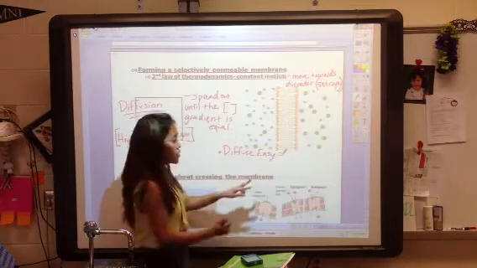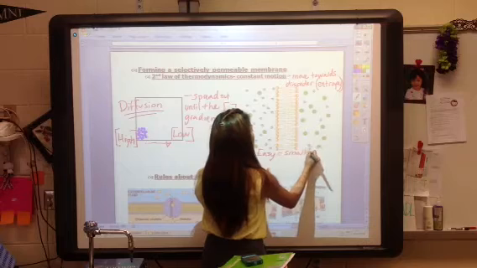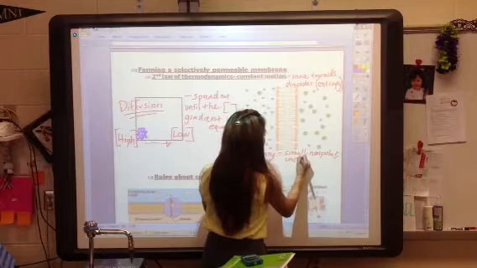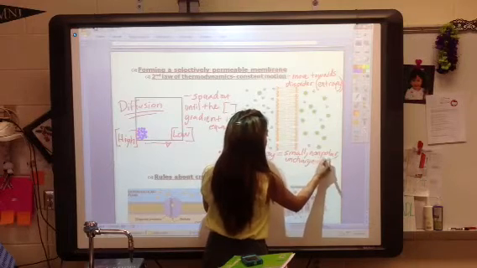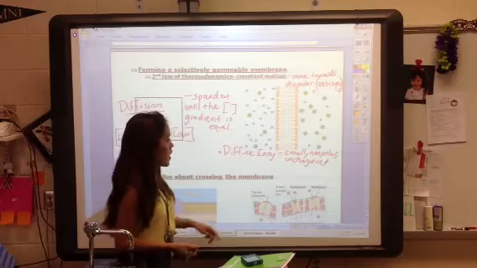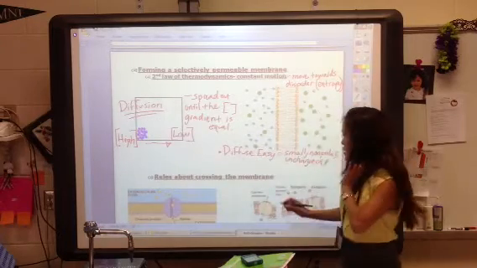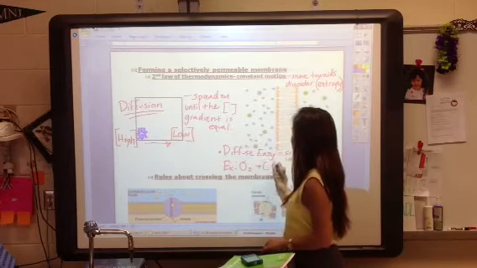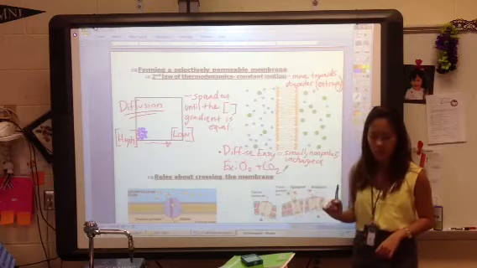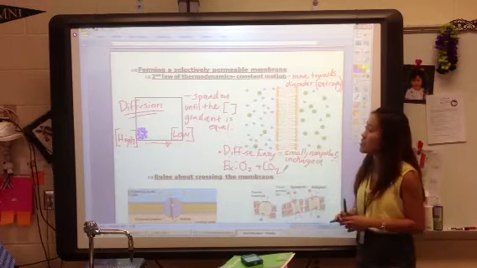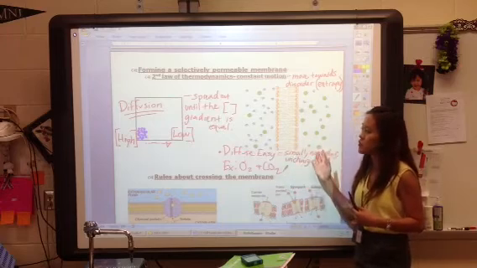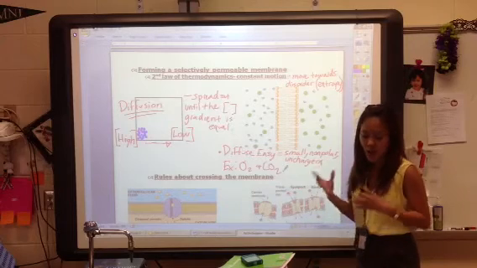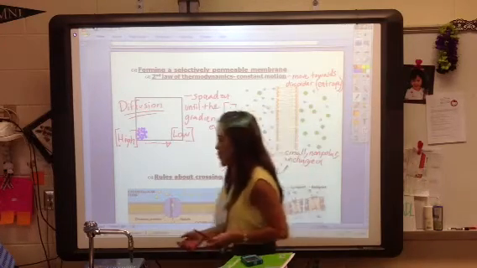Those molecules are small, nonpolar, or uncharged, with no ions, like oxygen gas, O2, and carbon dioxide gas, CO2. Those move through really easily. Lipid-based molecules, like some hormones, can also move through very easily because of their chemical properties.